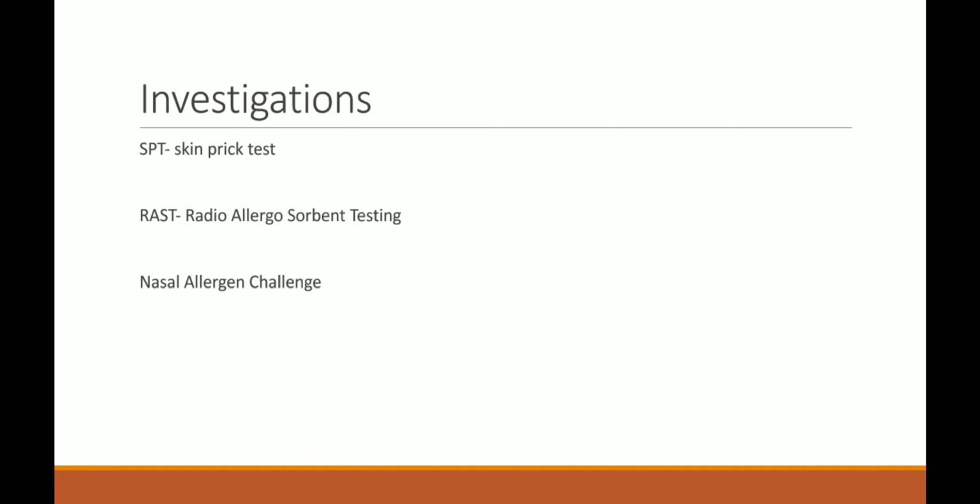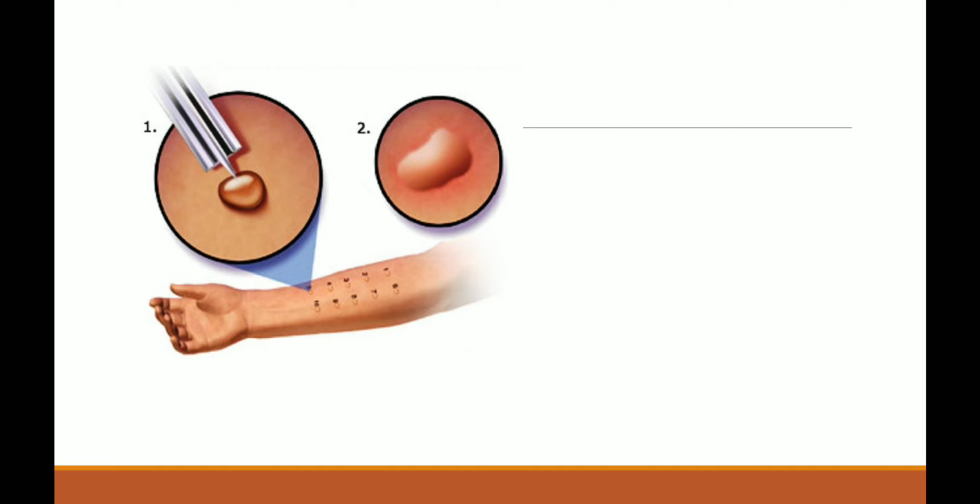Here, as the diagram shows, a drop of the different allergens is kept on the volar aspect of the forearm of the patient, and with a lancet a tiny prick is given so that the allergen enters the skin. Then we will wait for any reaction. Positive and negative controls will also be kept.